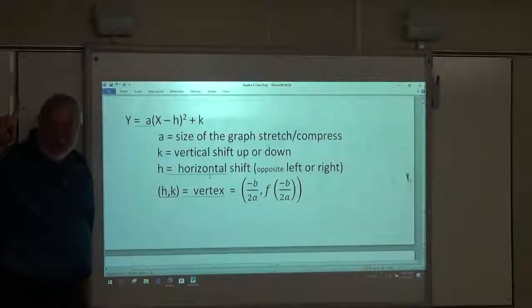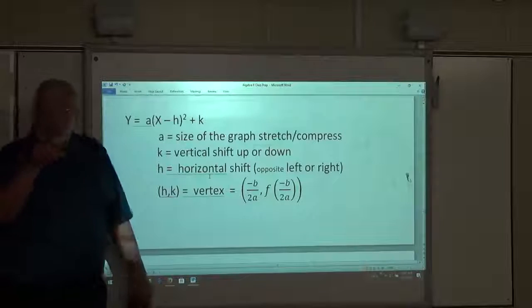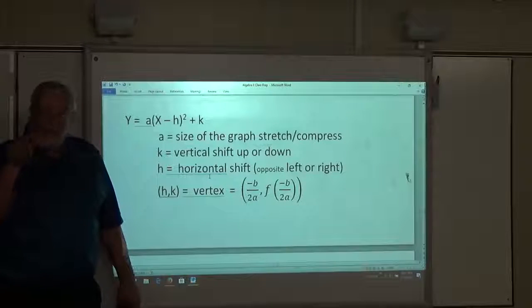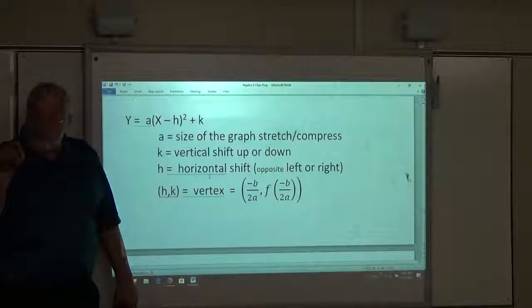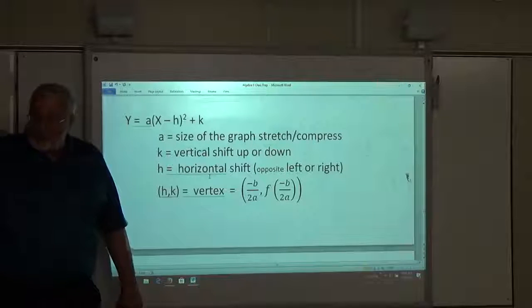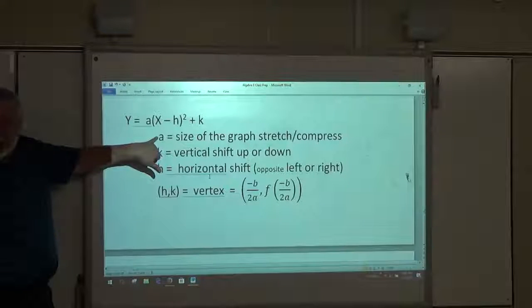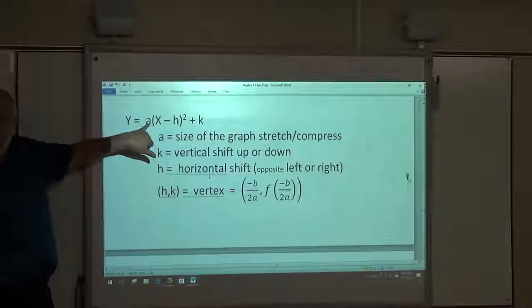And so when the a is a 1, then you have a parent graph of x squared. So if x is over 1, you square it, up 1. If x goes over 2, then you square it and go up 4. If x is over 3, then you go 3 squared, 9. So that's the size representation that comes from what this number is.